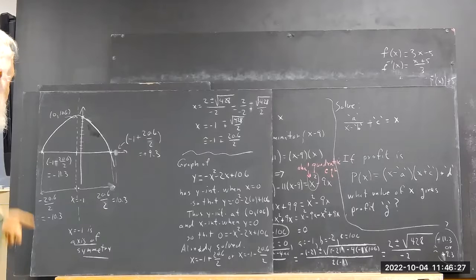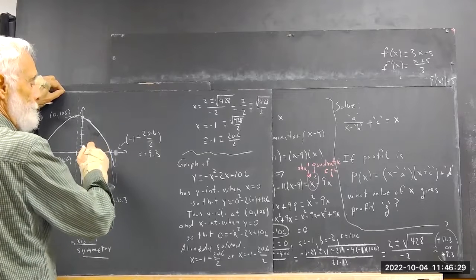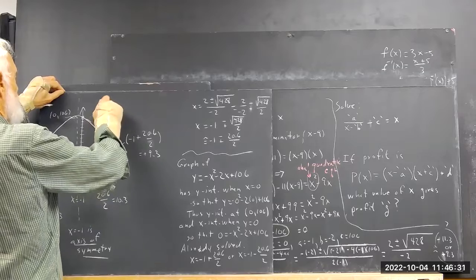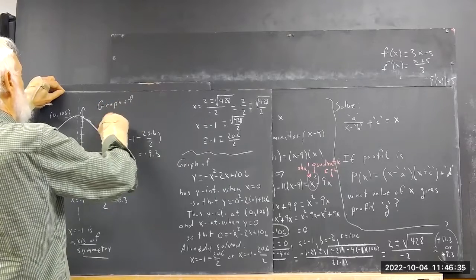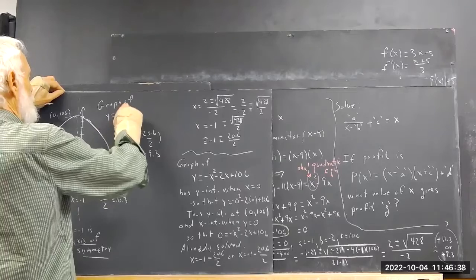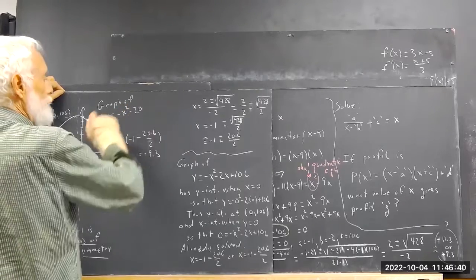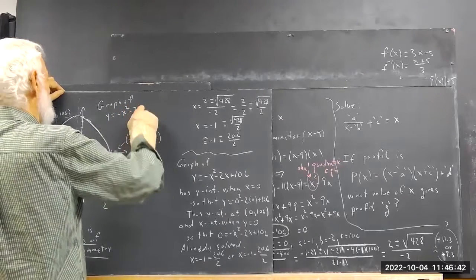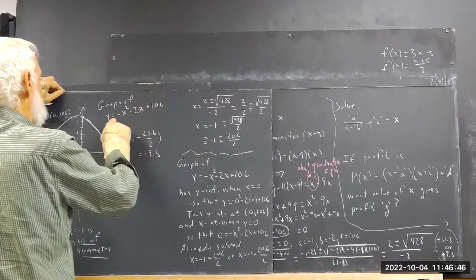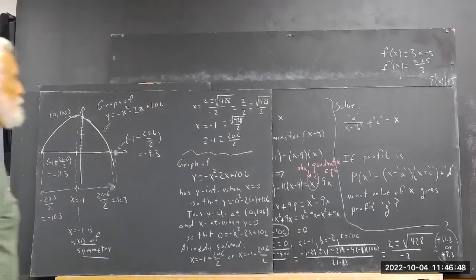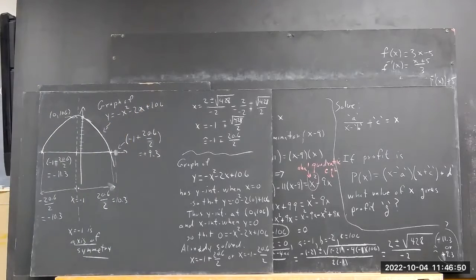Okay, so this is the graph of y equals -x squared minus 2x plus 106.